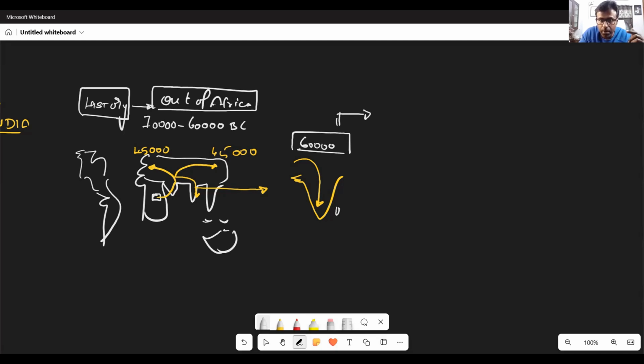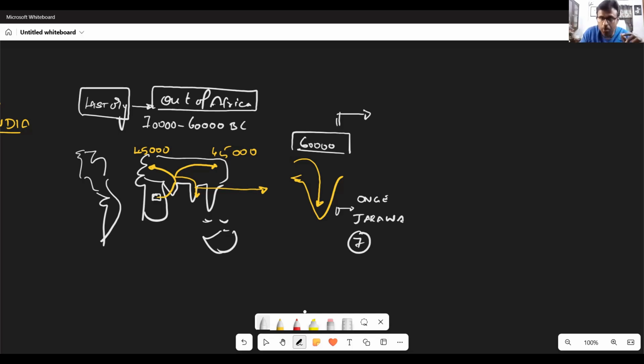Today in the tribes, you see the Onge, Jarawa. These are all tribes in Andaman and Nicobar. In Andaman and Nicobar, totally seven tribes are there. Certain tribes are large in number, but certain tribes are very small in number. Especially these tribes are the ones which came in the first wave.